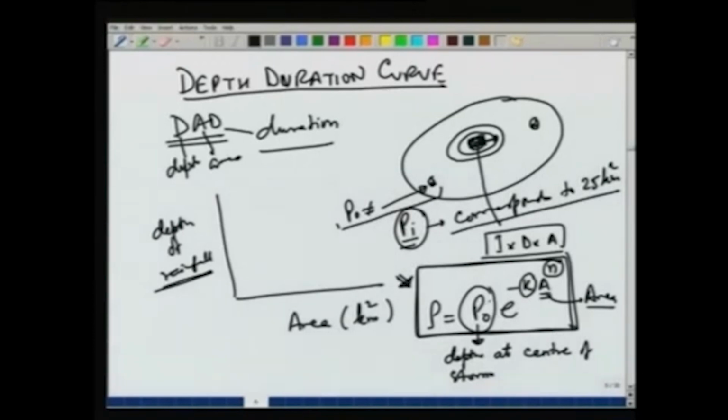The values of K and N can be shown here. So, this is the duration of the storm, K and N. Typically, duration will be like 1 day, 2 day, 3 day.